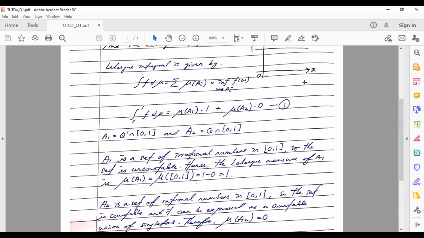Since you know that the countable set has measure 0, the other set's Lebesgue measure is equal to the Lebesgue measure of the unit interval. But maybe I show a bit how to write it in a more formal way.